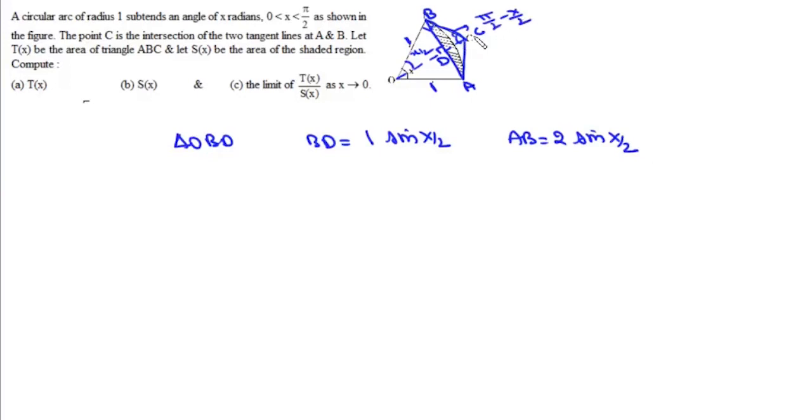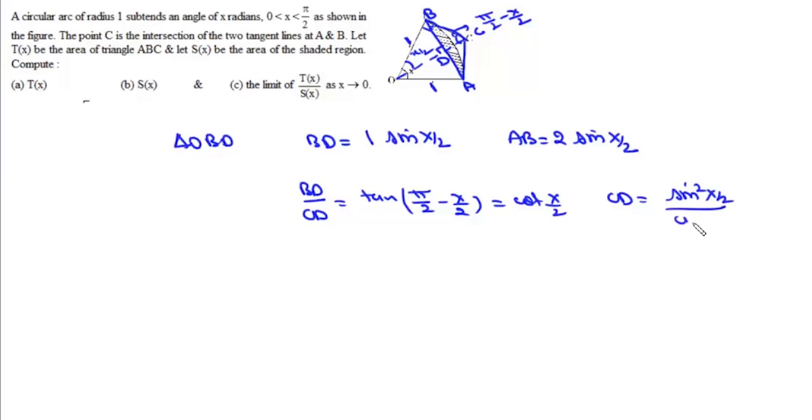So once we have BD, we can find CD. So we can write BD upon CD will be equal to tan of pi by 2 minus x by 2, which is cot x by 2. So we can write CD as sin square x by 2 upon cos x by 2.